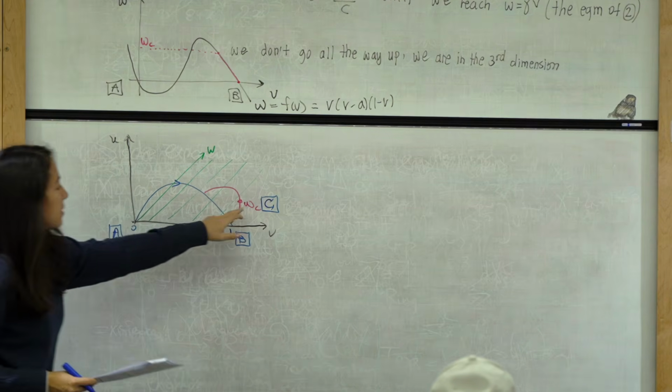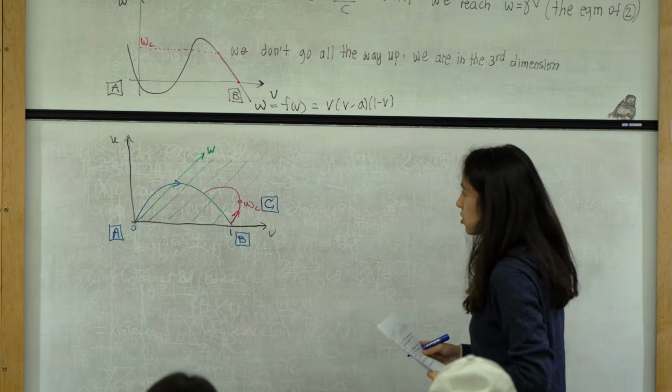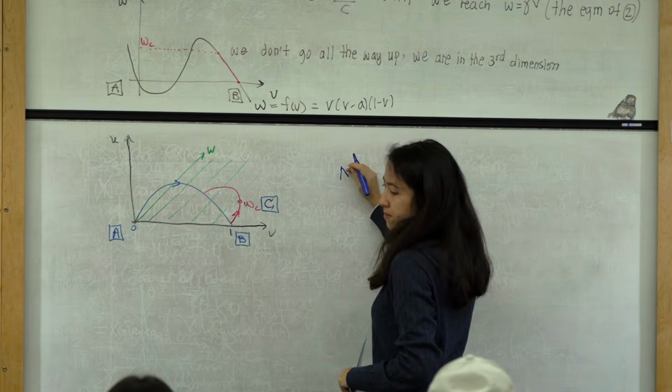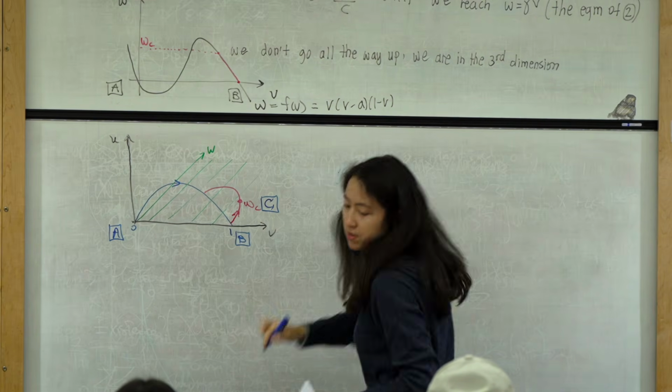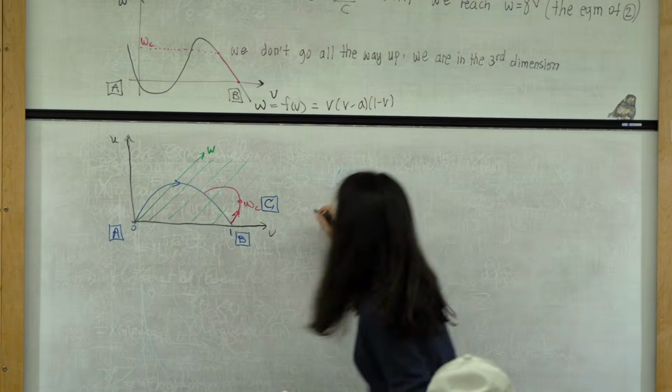OK, so what does this mean? Why does it not go up, and how do we choose it? Maybe I should eventually switch to blue, but for now, let me do this.